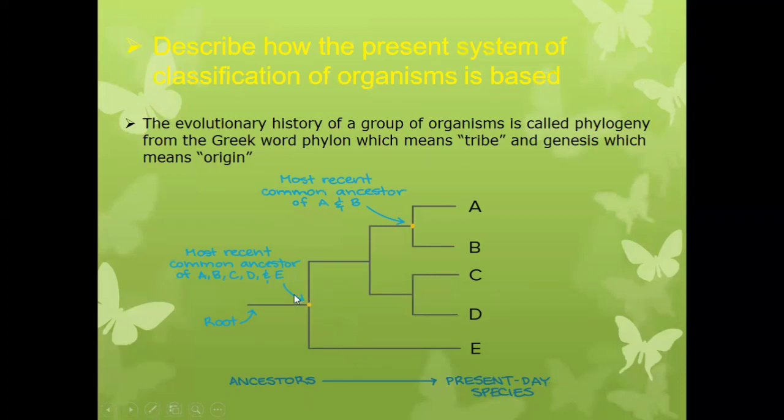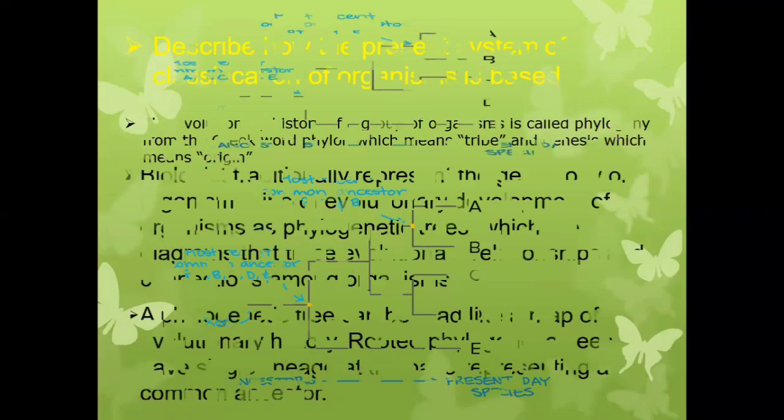You will notice here from the root or the ancestor, most recent common ancestors, nandito makikita, tapos nag-mutate, nag-evolve, and the most recent common ancestors, makikita po natin dito, and the results are here. Okay? That's how phylogenetic tree or evolution is being represented.